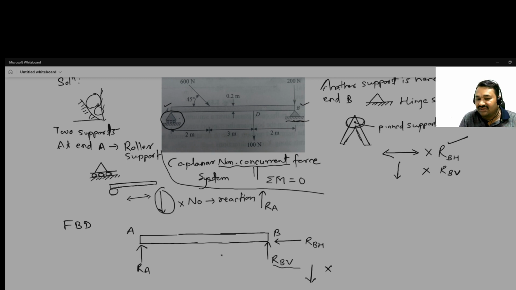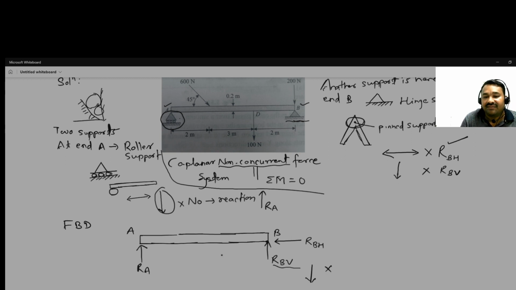To counter that, there must be a force, that is the reactive force. What about the direction of this RBH? Right now we don't know. So generally we take it towards the end of the beam.